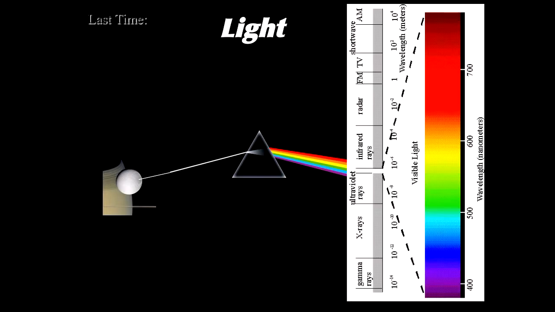Let me spend a little more time than usual reviewing last Tuesday's lecture. It was such an important lecture talking about the nature of light as a wave, as a photon. And so I'll remind you that light comes in all colors, otherwise known as wavelengths or frequencies.